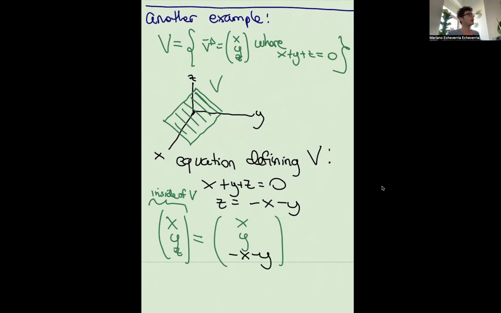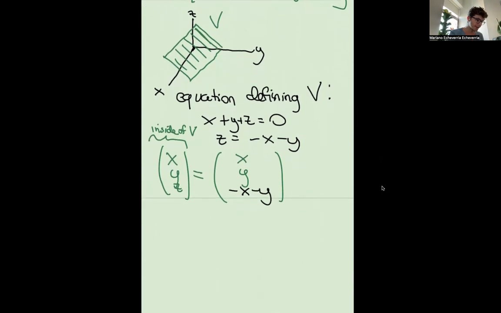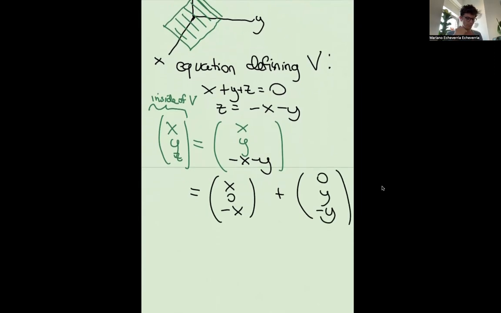Once you have the vector written in this way, you can break the vector into two pieces, the piece that has x and the piece that has y. So let's write this as x, 0, minus x, plus 0, y, minus y. Why do I do it that way? Because then I can factor out the variable.